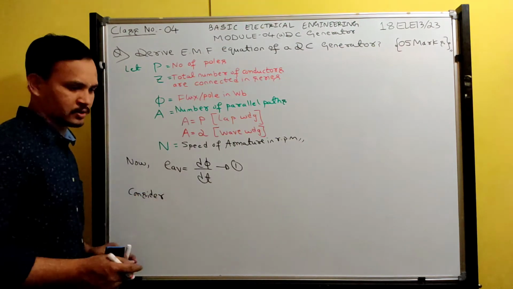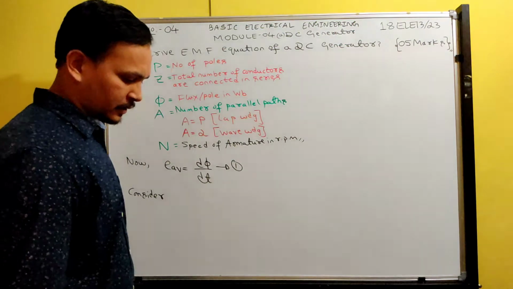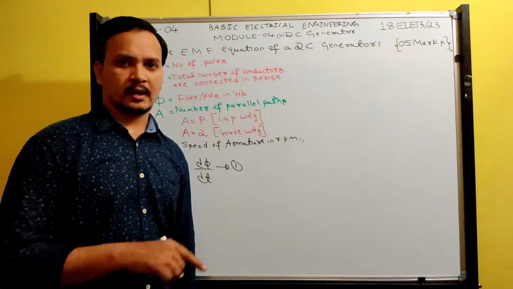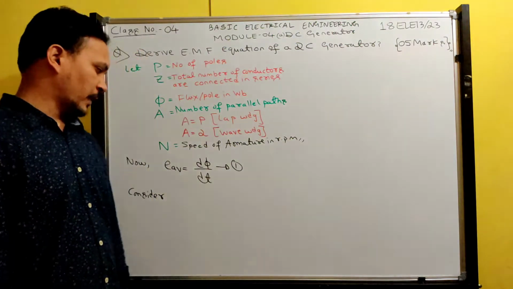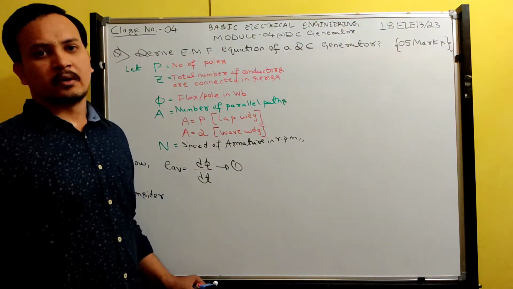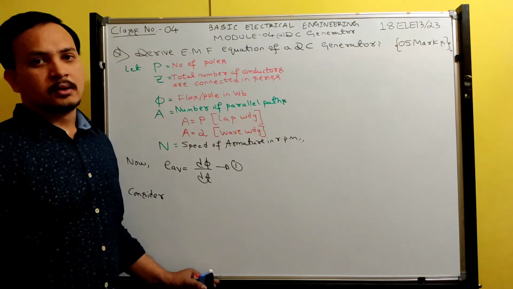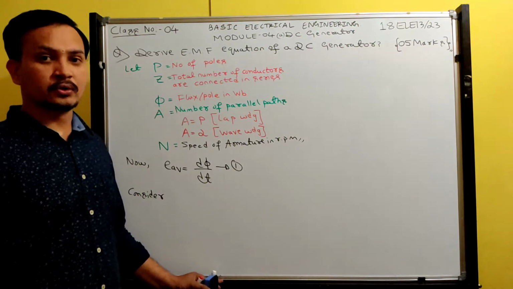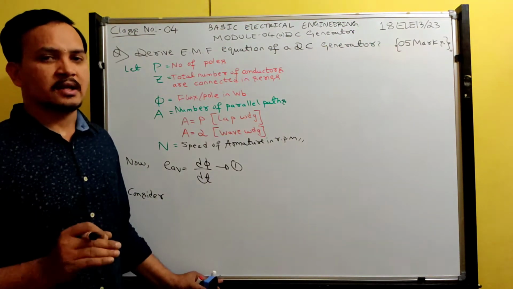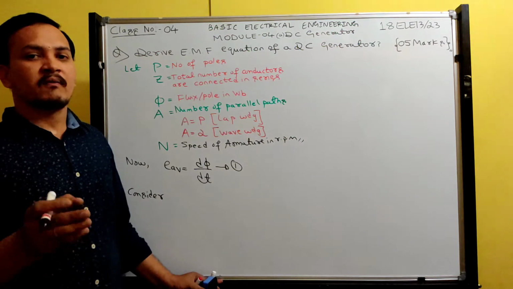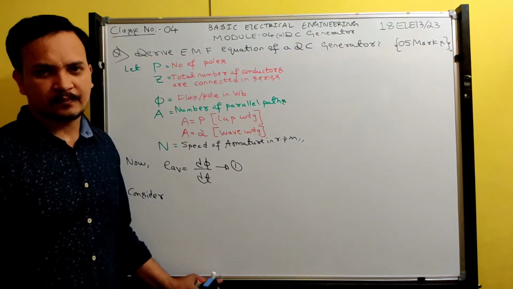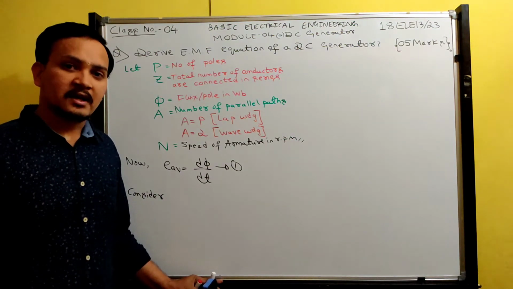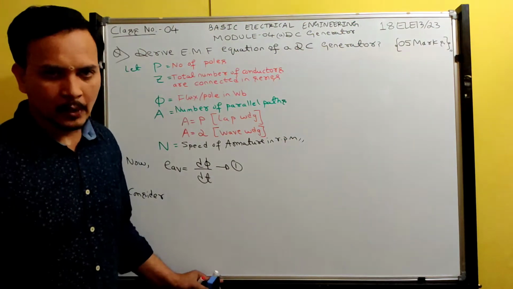Now consider, write this statement also: consider the conductor rotates 1 revolution. Due to that, the change in flux becomes the flux cut by all the poles.